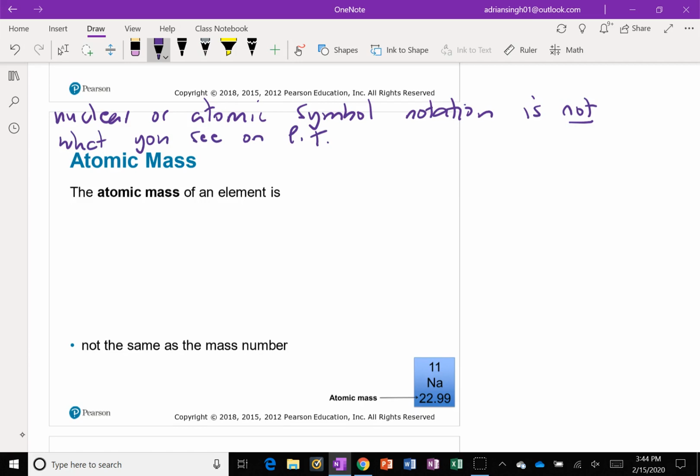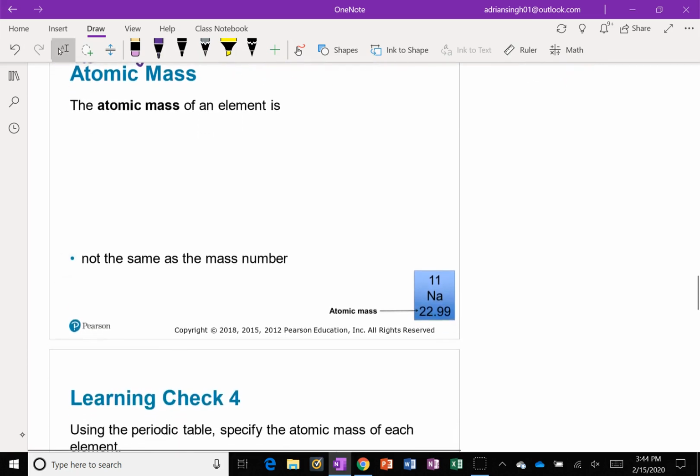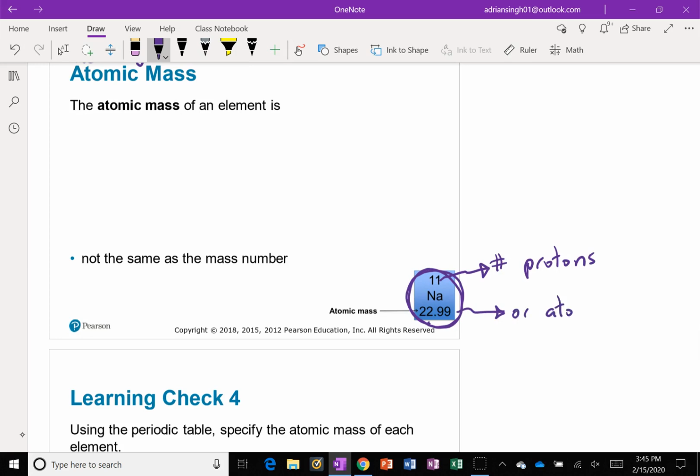So when you look at the periodic table, for instance, and you look at sodium, which is Na, you're going to see 2 numbers associated with it. And we talked about the first number already, right? This one here is the atomic number, or the number of protons. But now the number underneath, that number is known as the atomic mass or the atomic weight.